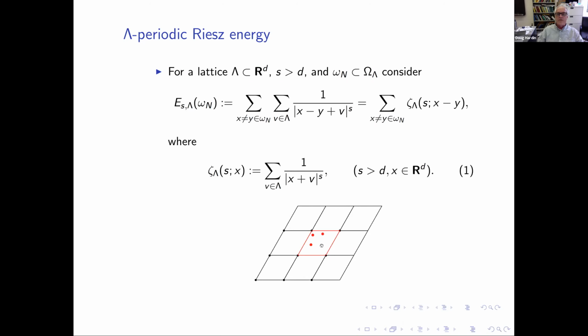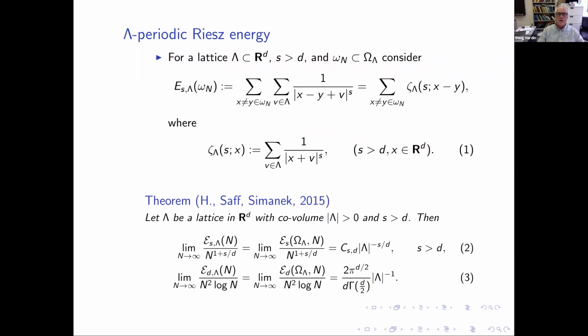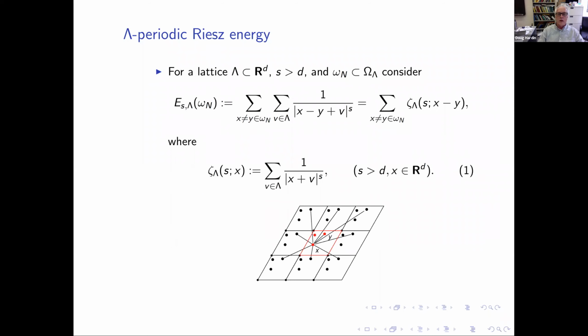Now, say we started with a configuration of 3 points, and I'm going to call one of them x and one of them y, then the sums that we're looking at will be from x to all of the translates of y.